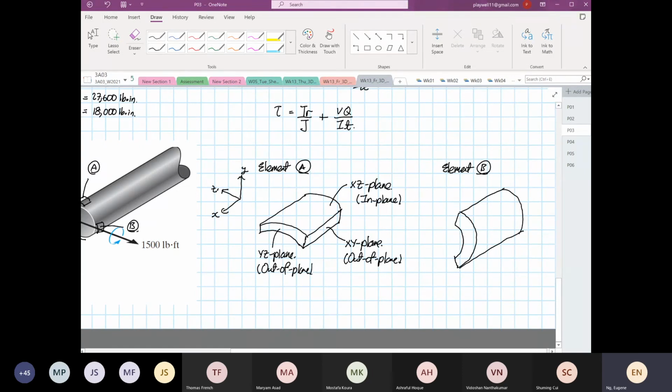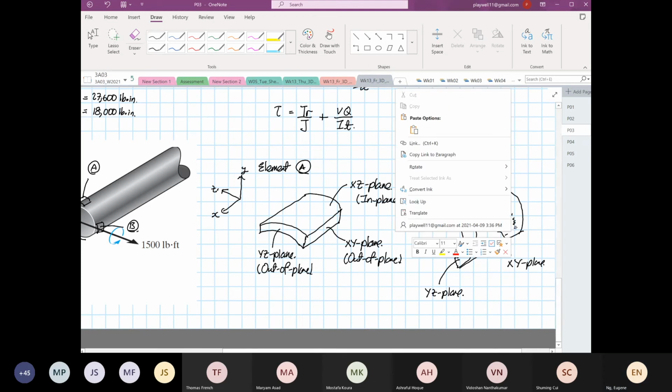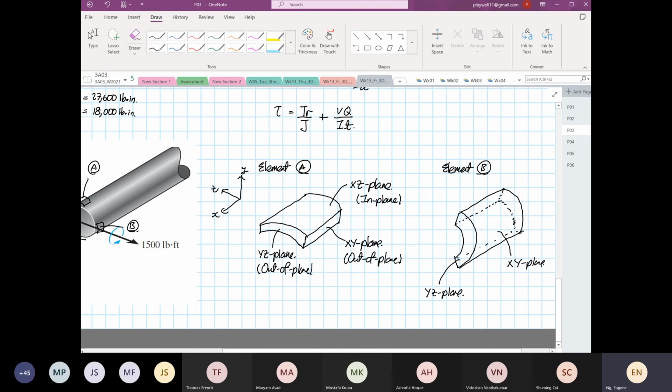So we know down here the most important plane. This is my YZ plane again, and this one is my XY plane. And then we have another plane, which is this surface over here. Don't worry about that plane.